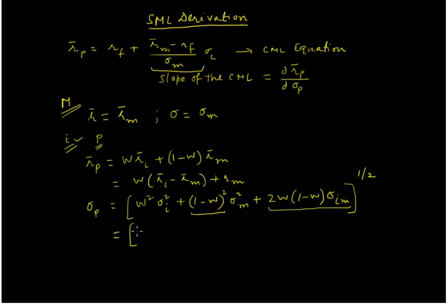When we do that, this is what we would get: W squared times variance of our new asset I plus variance of M plus W squared times variance of M minus 2 times W times variance of M plus 2 times W times covariance between I and M minus 2 times W squared times covariance between I and M, and raised to the power of half. We have just simplified this expression here.